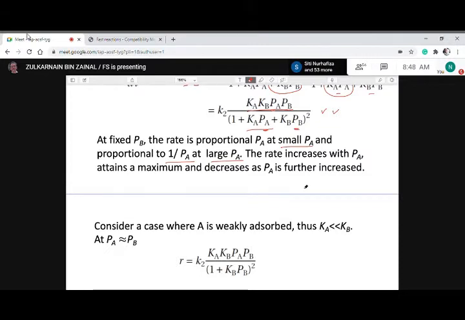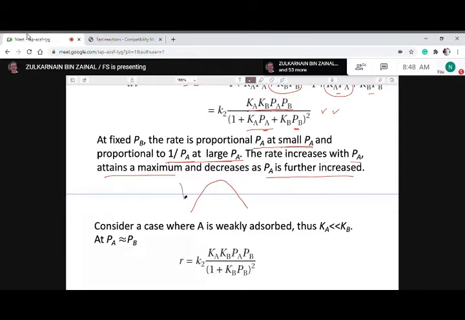So as we increase PA, the rate will increase, and then it decreases as PA is further increased. So you can see this is based on this statement. You have the relation here where the rate increases at small PA until the maximum, and then it will drop.